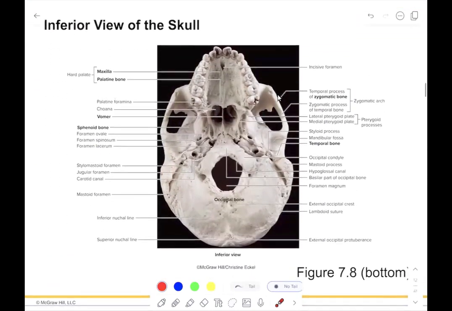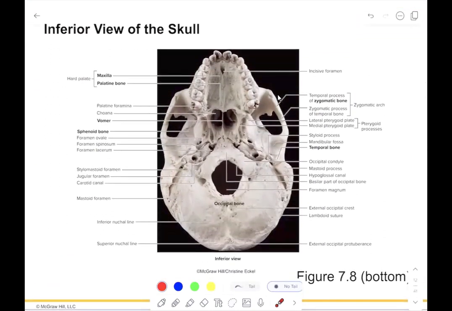So this is showing the same view, just of a model. So let me go through and highlight some of these bones, the same bones that were in the previous slide. Zygomatic bone, the temporal bone, and then as far as specific regions to know are the hard palate. There's a lot of them that you do not need to know, which is very helpful.